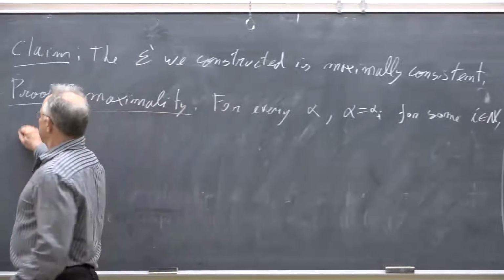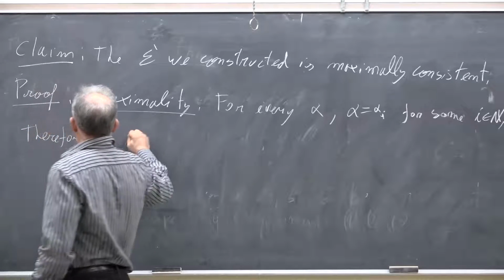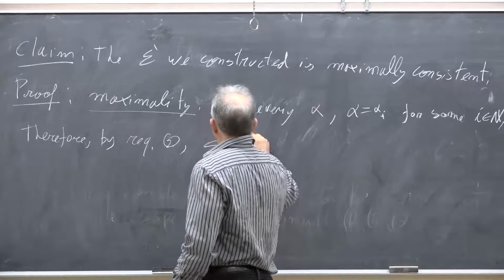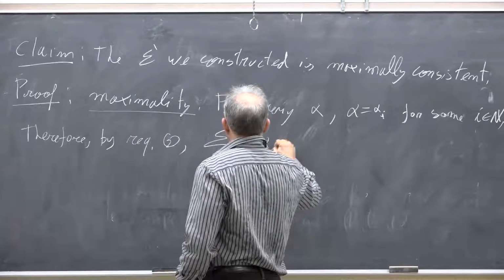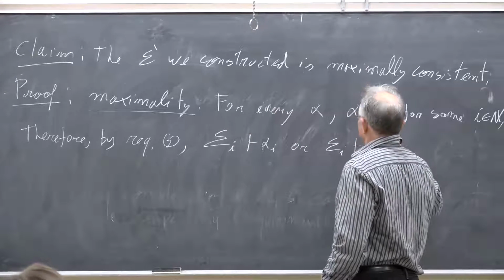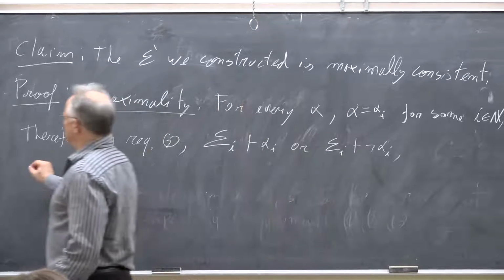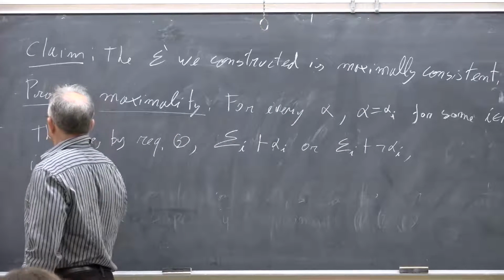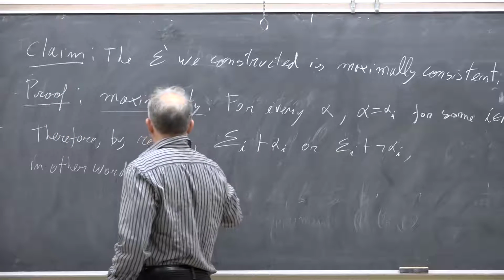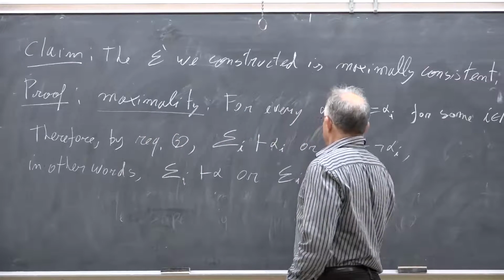Therefore, by requirement 2, sigma i proves alpha i, or sigma i proves the negation of alpha i. So, in other words, sigma i proves alpha, or sigma i proves the negation of alpha.